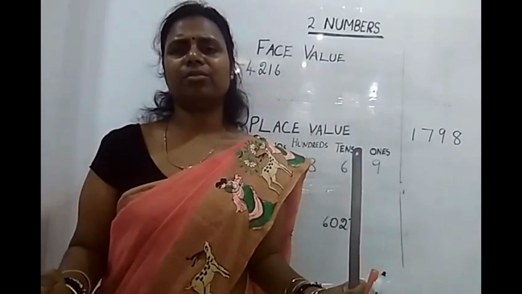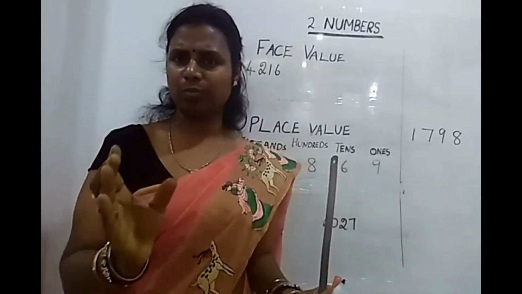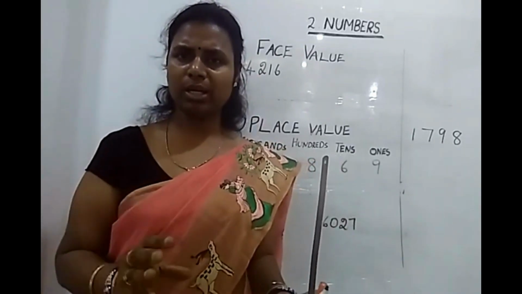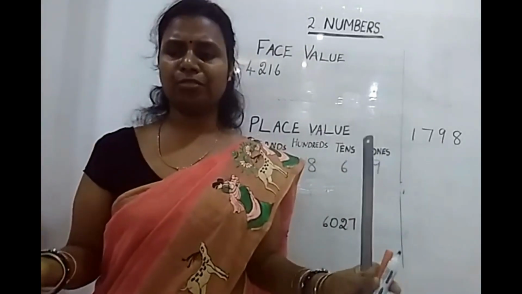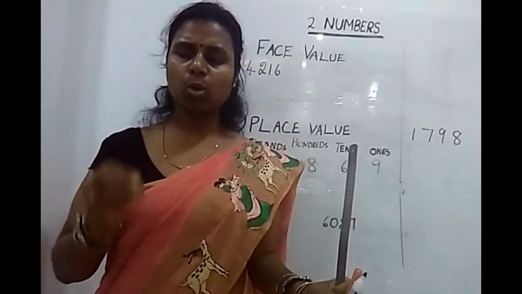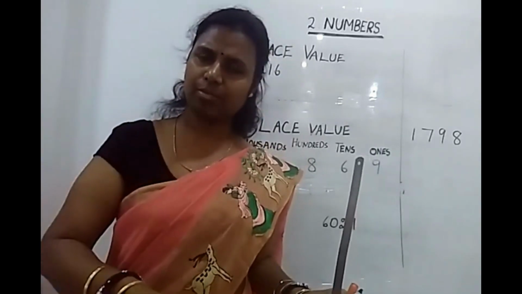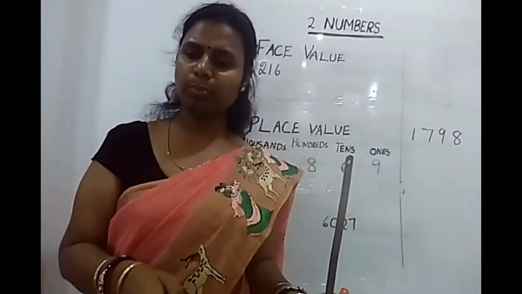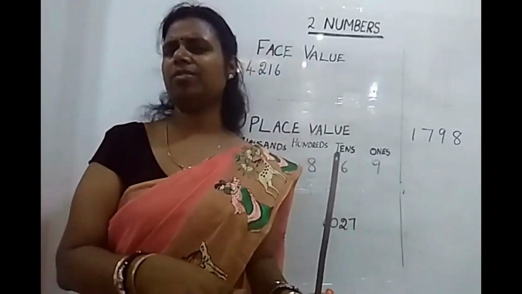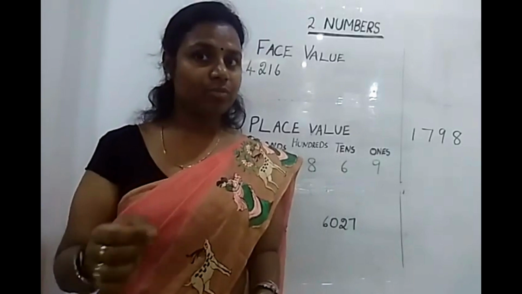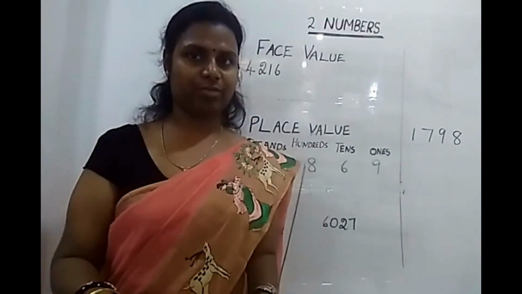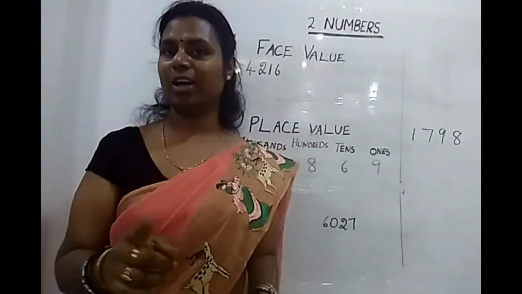Now we don't have to bother about those things, because for face value, by looking at that digit, what is the number you are going to say? That is the face value. The value of the digit itself at whatever the place it may be. Understood? The value of the digit itself, that is called face value.